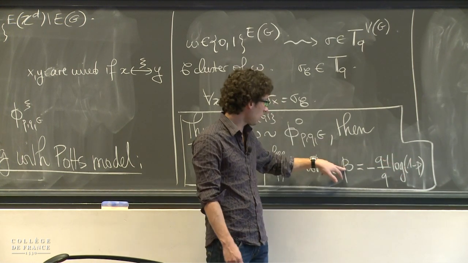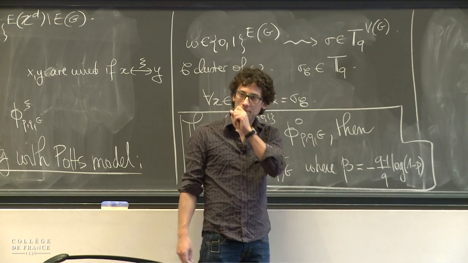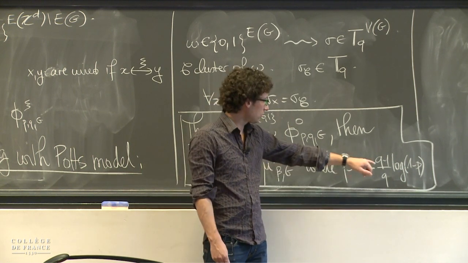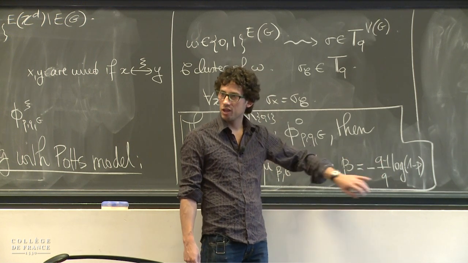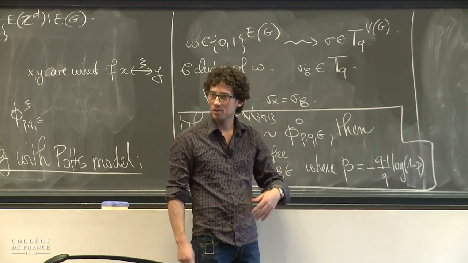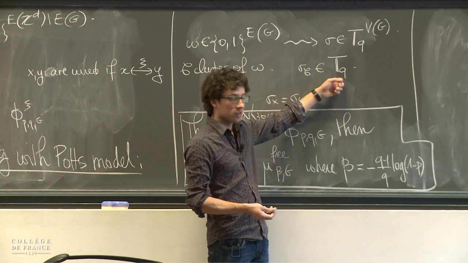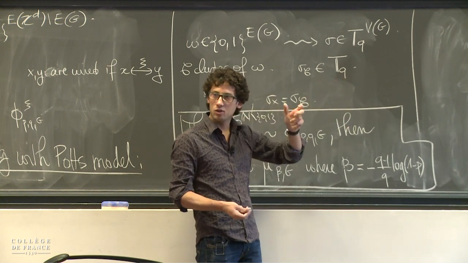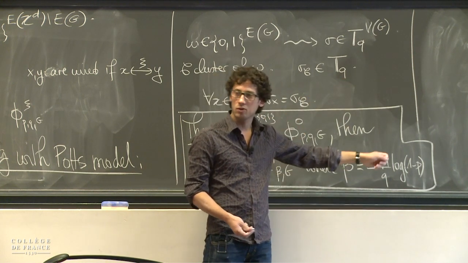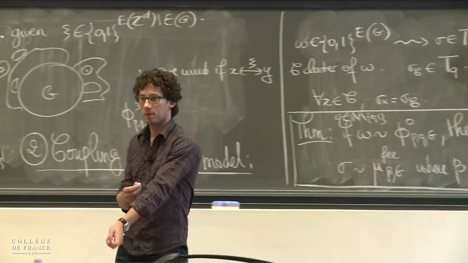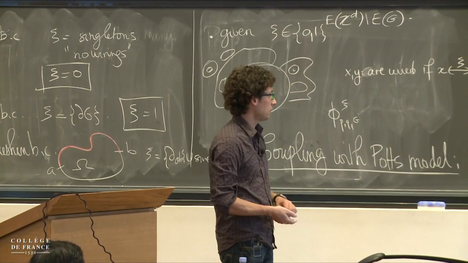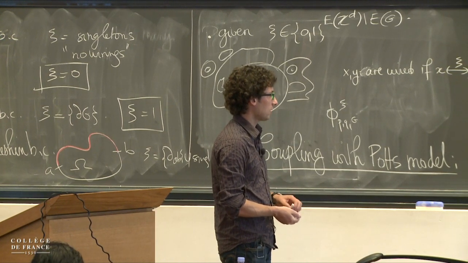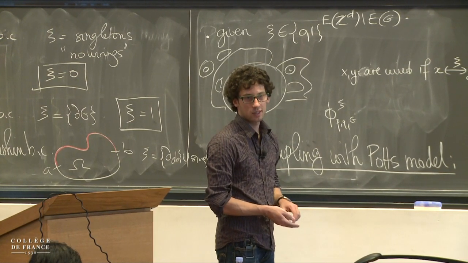So beta is a function of p. Maybe some of you already saw this thing with minus 1/2 here. This is when you use really q colors. But the way I wrote this, the normalization changes a little bit, and you get q minus 1 over q. But no worries there. OK, well, it's 11 o'clock. Let's do a 5 minute break, and after the break, we prove this thing. OK?